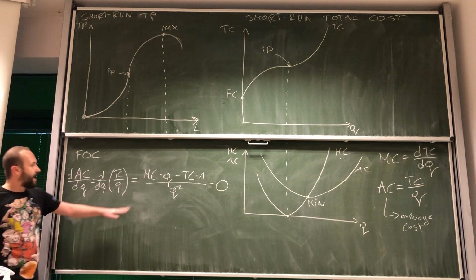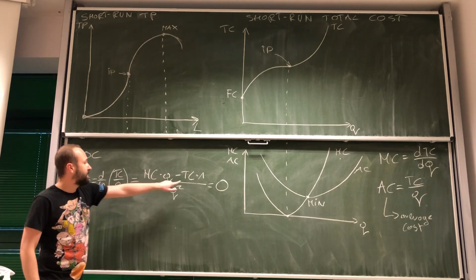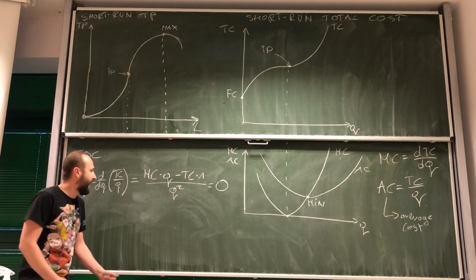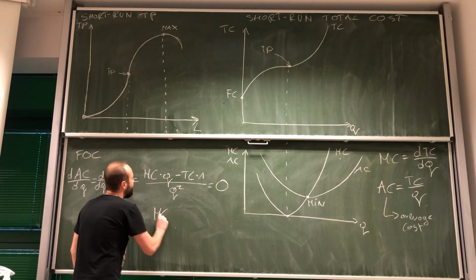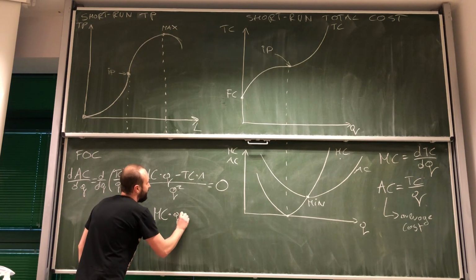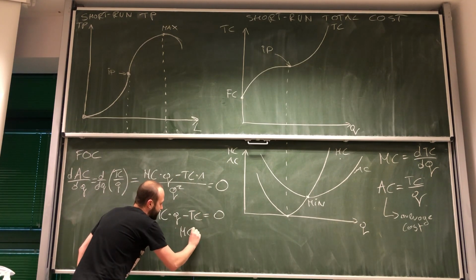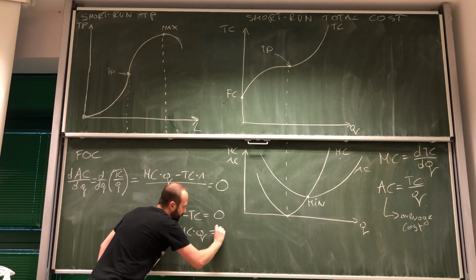And look, again, this one doesn't change anything. Q is not introducing anything to us, so we get marginal cost times quantity minus total cost is equal to 0. So marginal cost times quantity equals to total cost.